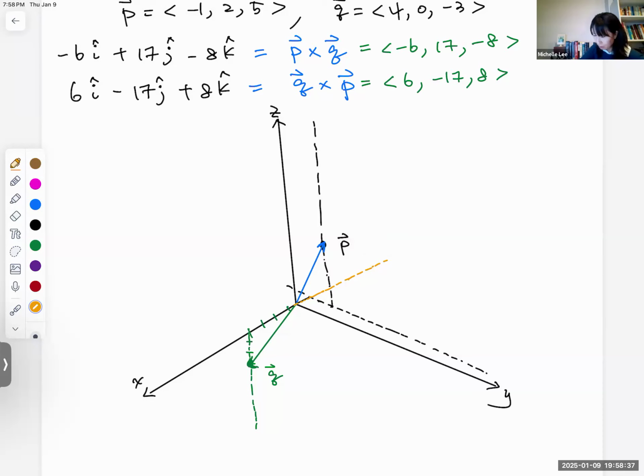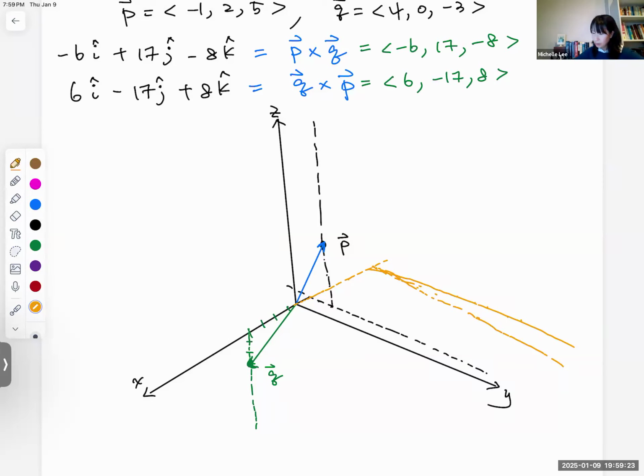And 17, parallel with the y-axis. 1, 2, 3, 4, 5, 6, 7, 8, 9, 10.